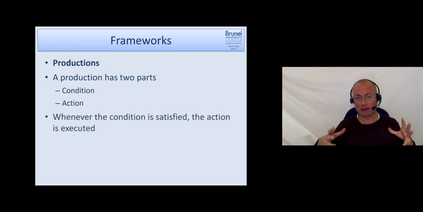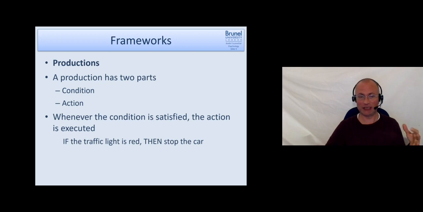So whenever the condition is satisfied or met, then the action is executed. A very basic example: if the traffic light is red, then stop the car. So this is a production rule, if-then. We check for conditions, and if they are met, then we perform an action.